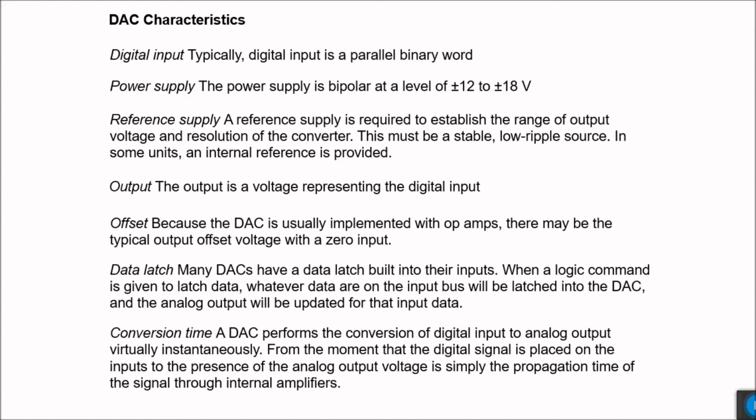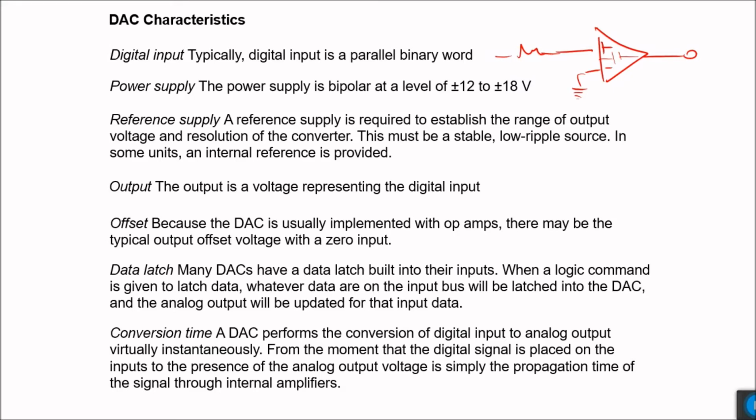In case of an op amp circuit like this, as soon as the input changes, the output changes. There is just a propagation delay of this op amp that is due to the capacitor inside. Otherwise, there is no significant delay in the propagation of inputs to the outputs.